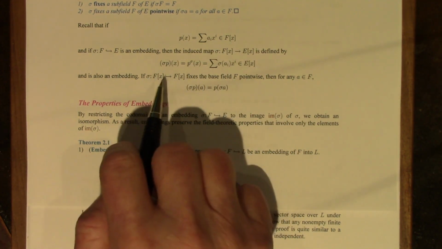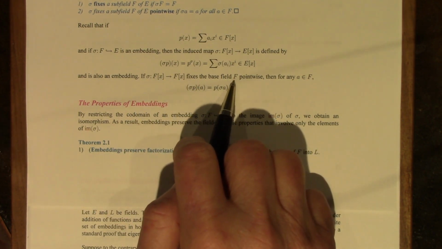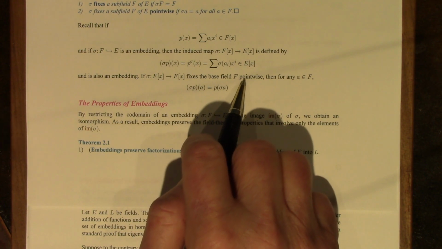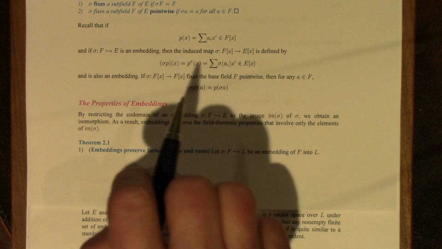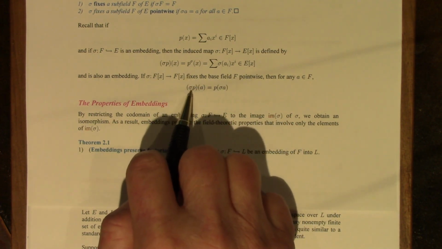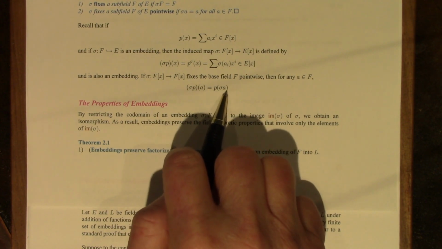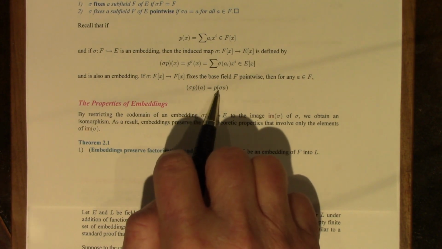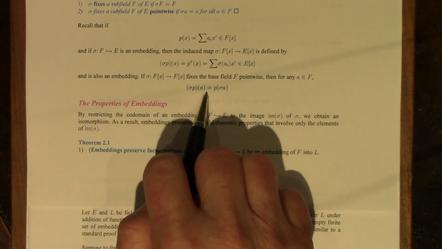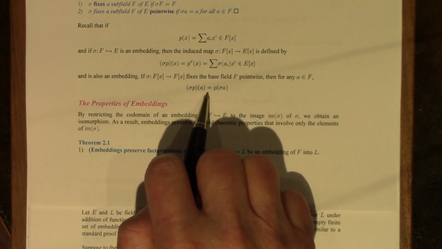If sigma maps a polynomial ring to itself and it fixes the base field pointwise, then it's fixing the coefficients pointwise. And so sigma p of a is p of sigma a, because we also have to apply sigma to the coefficients of the polynomial, but sigma fixes those coefficients.